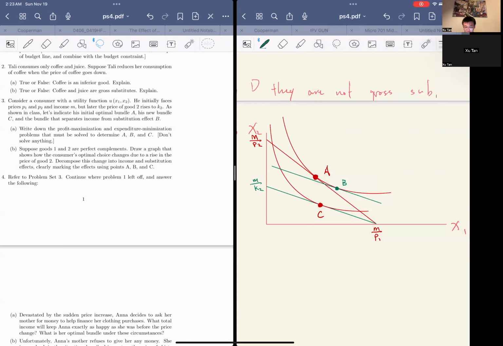How will the price change of good 2 affect our consumption of X1?